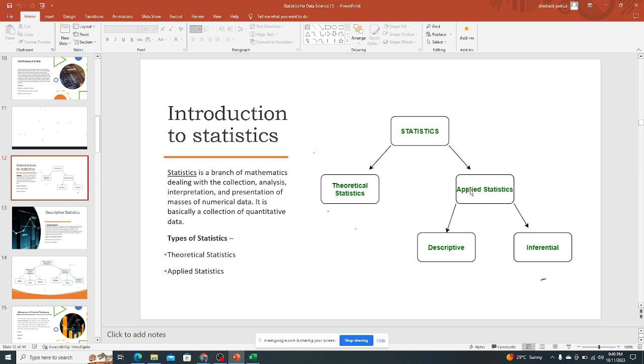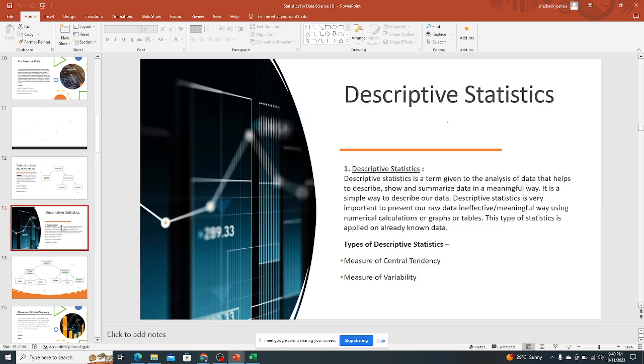Under applied statistics, we have descriptive statistics and inferential statistics. We'll start with descriptive statistics, and take inferential statistics later when we discuss distributions and hypothesis testing. All right, let's start with descriptive statistics.